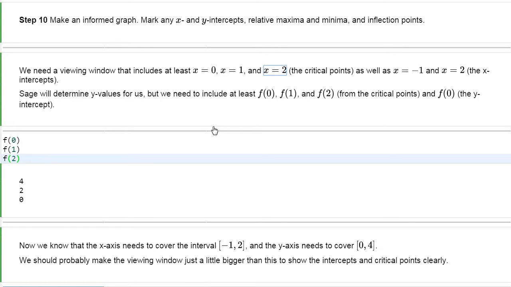Okay, so I need my x-axis to cover all of these numbers. So from -1 until 2, that's this interval. I need my y-axis to cover all of these numbers, so 0 to 4. Now probably you don't want to have your viewing window be exactly those intervals, because that puts critical points right on the edge. You don't want to be right on the edge. So you probably want to go a little bit bigger than that, just so we can see those points clearly.